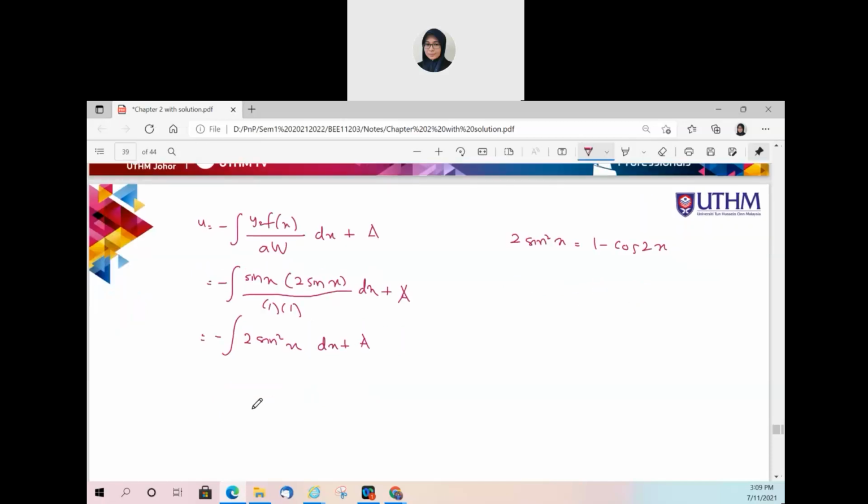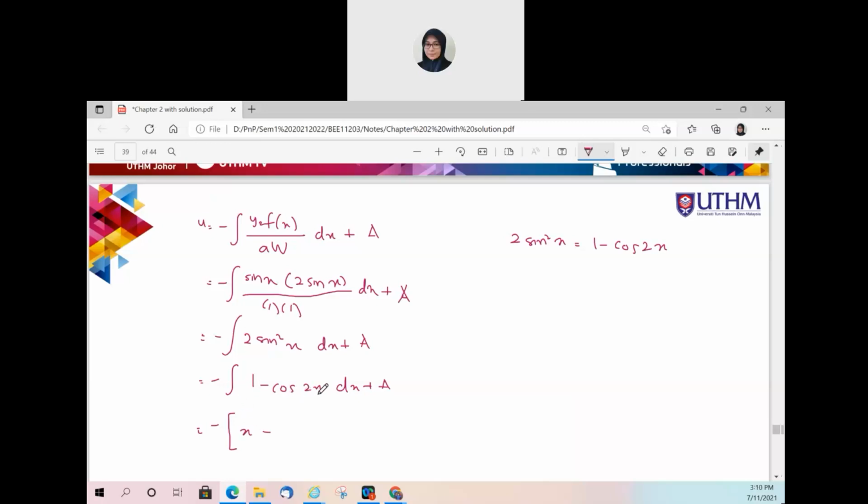So you have minus integration 1 minus cos 2x dx plus a. Any questions? No. So we integrate 1, you will get x. Minus.